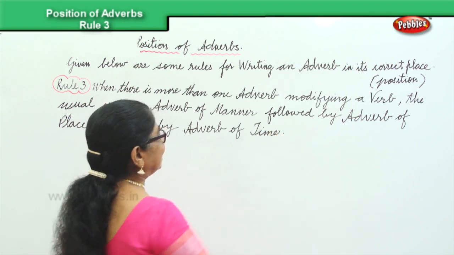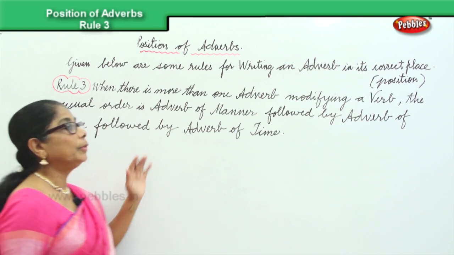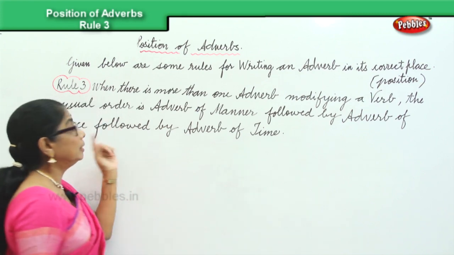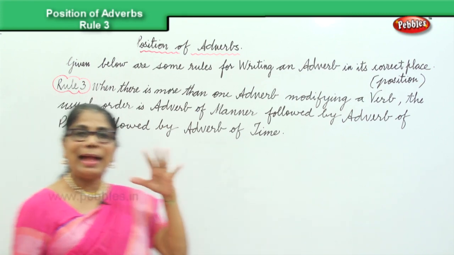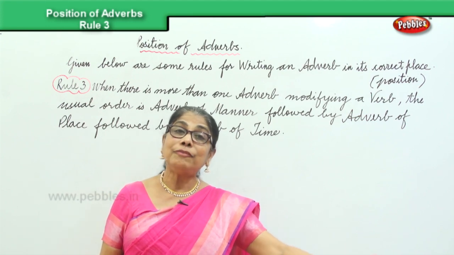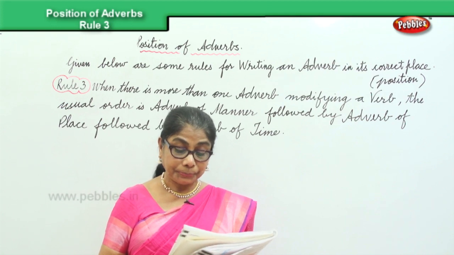The rule number 3 says, when there are more than 2 adverbs modifying a verb, then the usual order we follow is adverb of manner, adverb of place, followed by adverb of time.